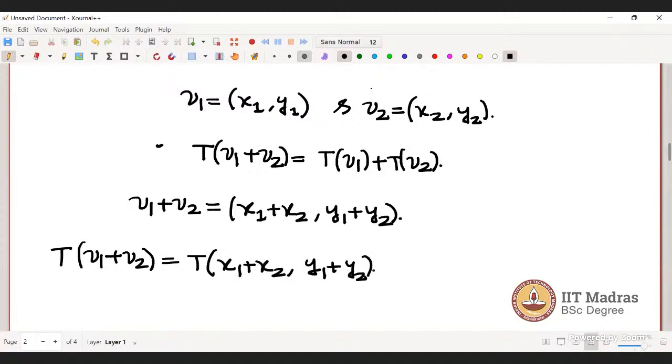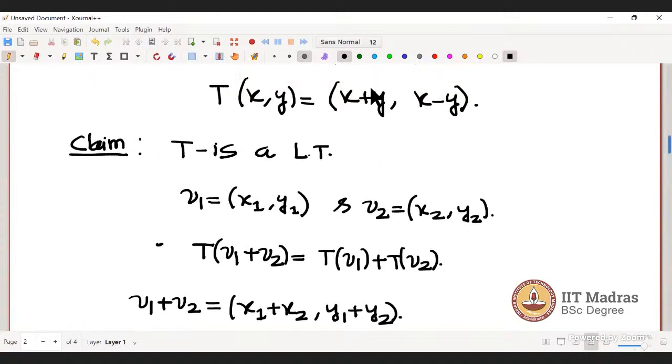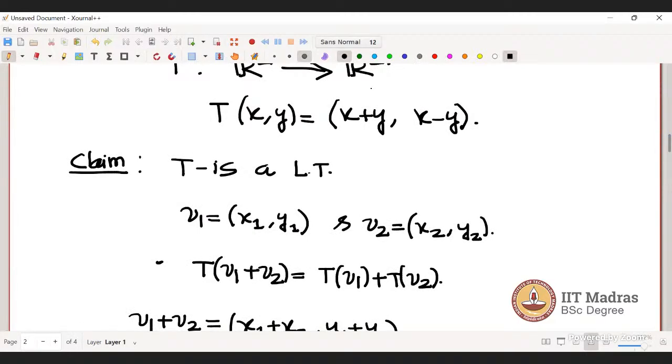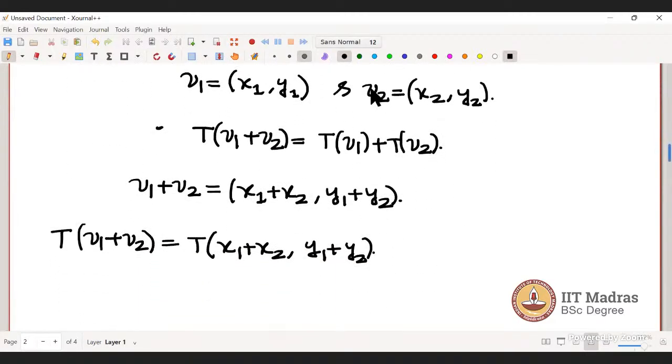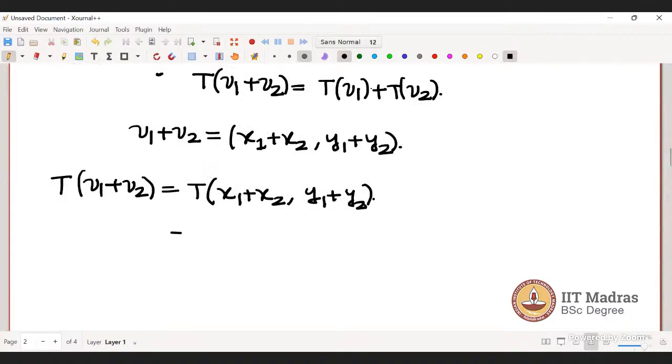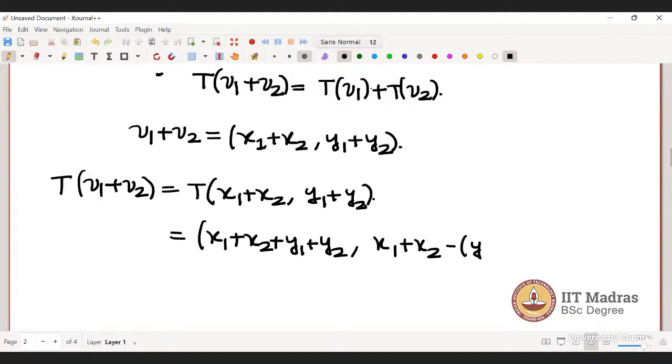And by definition, the way we have defined T, this is nothing but x1 plus x2 plus y1 plus y2, and the second coordinate is x1 plus x2 minus y1 plus y2.